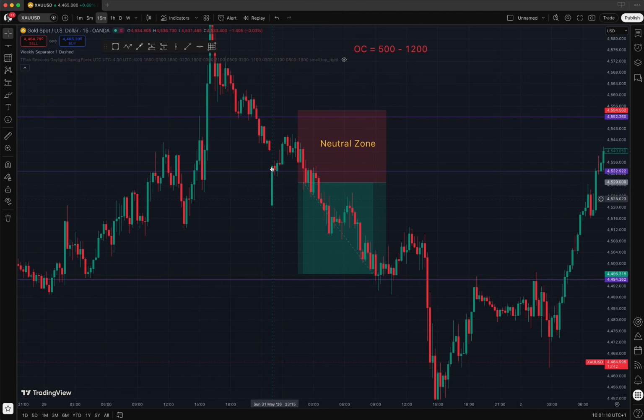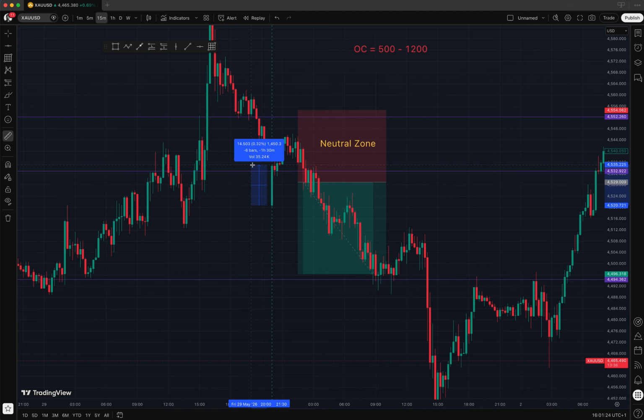When you have a big cane like this, you can ignore it if it's more than 1,200 points. In this case, it's kind of discretionary, so you can use it. You might be successful. You might get a stop, but then with the reverse mode, you can remake your money and make some profit, or you can just disregard it.